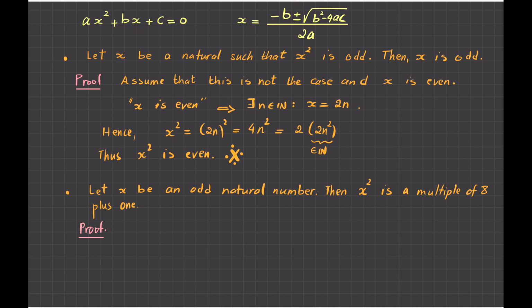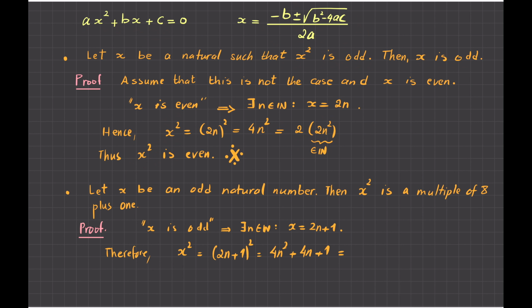Okay, when you say that x is an odd natural number, so I would say x is odd. From this, I can conclude that there exists an n in the set of natural numbers so that x is equal to 2n plus 1. So therefore, what can I say? x squared becomes (2n plus 1) squared, and this becomes 4n squared: the first one squared, 2 times the first one times the second one, and then plus the second one squared.